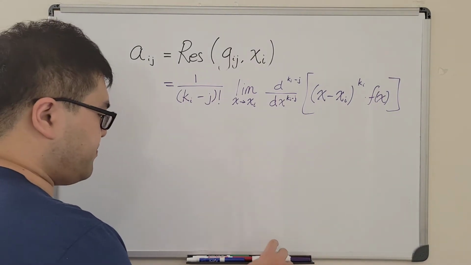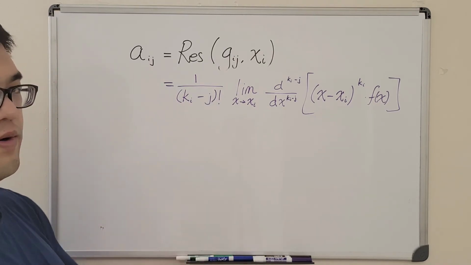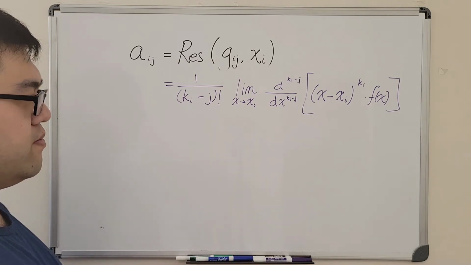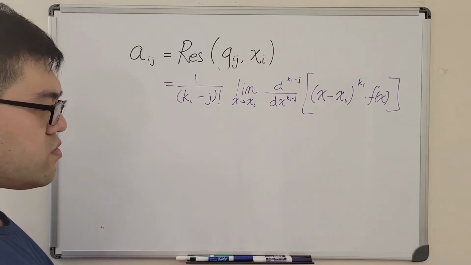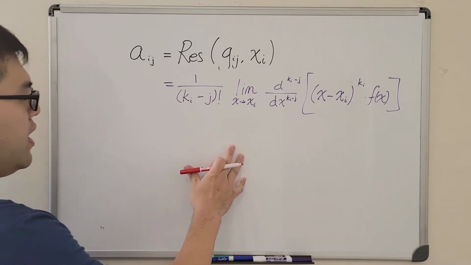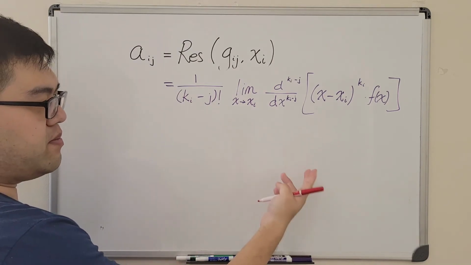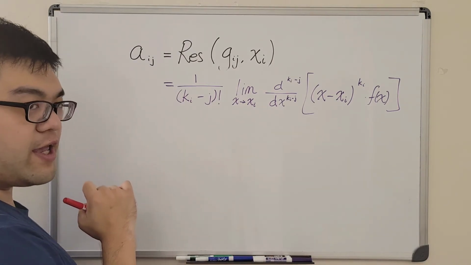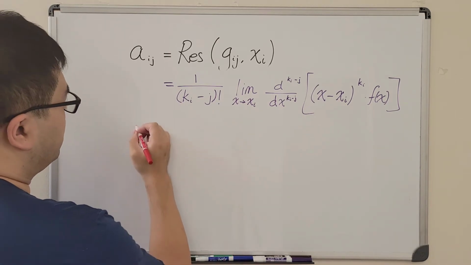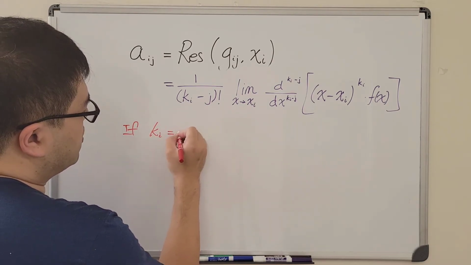So we can double check whether it's true for our special case when we want to find the coefficients for the linear term. Suppose that the highest power of some root x_i is just 1, meaning k_i is equal to 1.